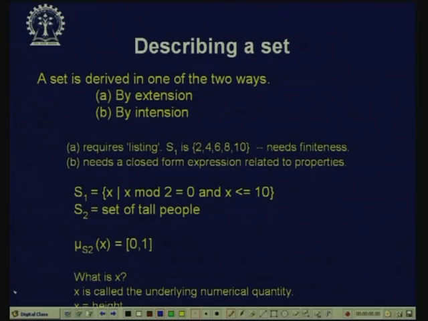Say even in the case of a crisp set, conventional set, we are familiar with these notions that I can either extensively enumerate that my set X consists of 3, 7, in that way I can go on. That is one sort of definition.